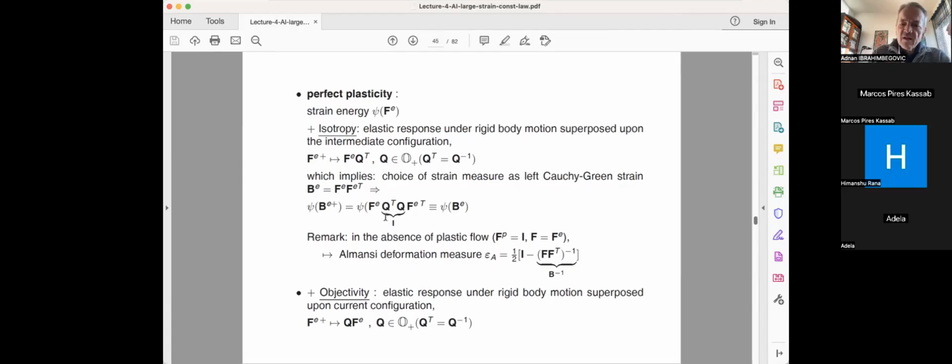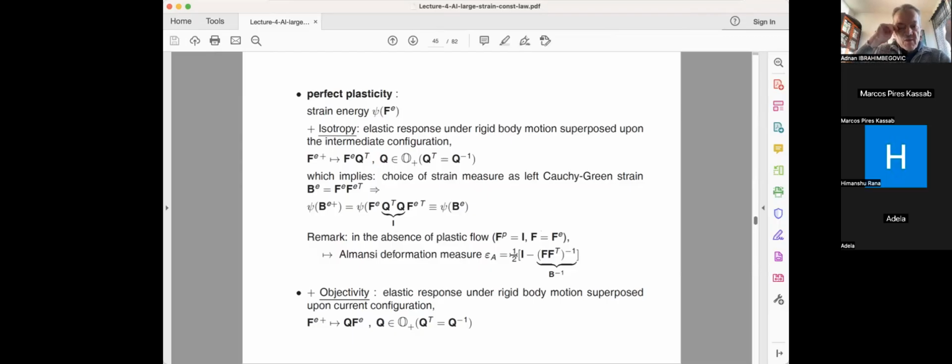And basically, you can then verify objectivity directly because Q being an orthogonal tensor, it just kicks out. So you can have your internal energy functional as a function of Be, which will be the same with Be plus being the superposed rigid body rotation on the initial configuration. In the absence of the plastic flow, you will recover completely your elasticity with such an approach, and then basically you can deal with that.